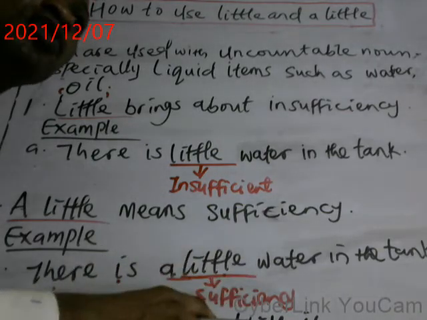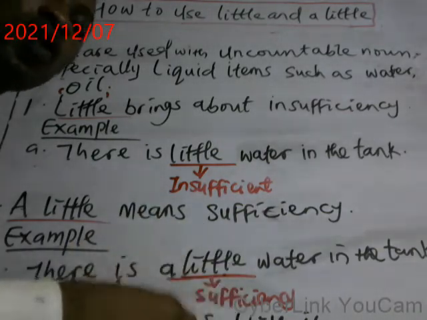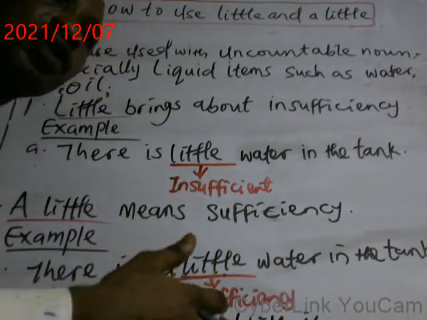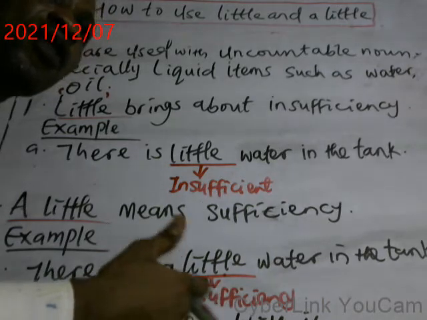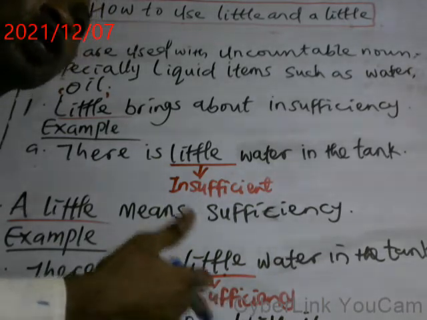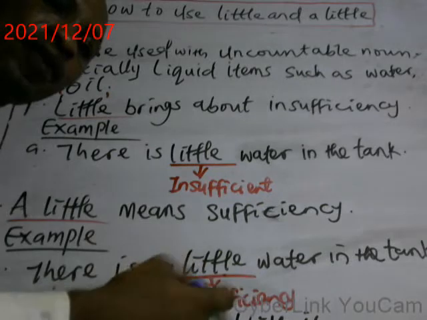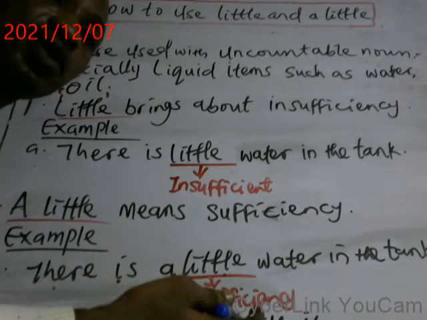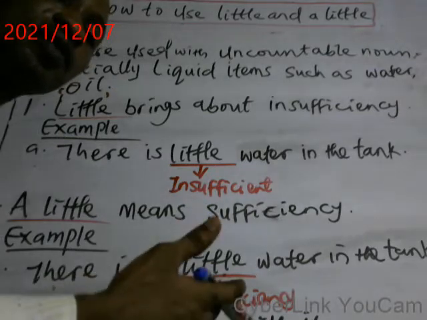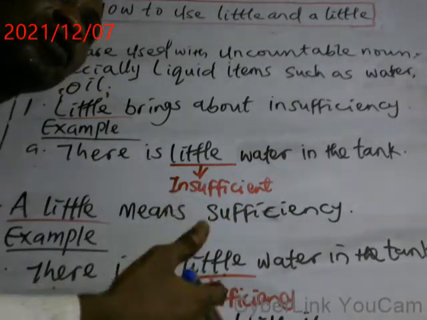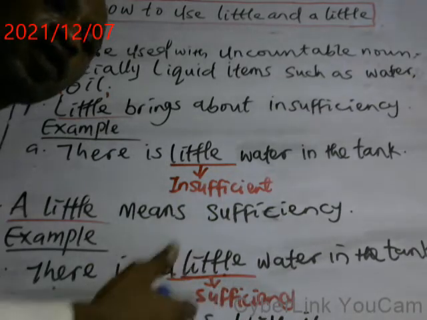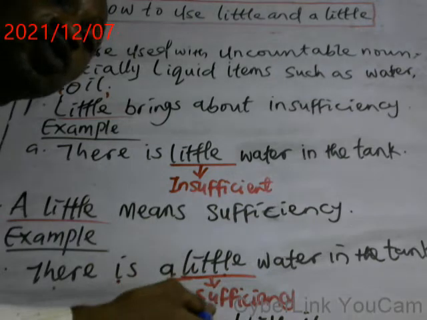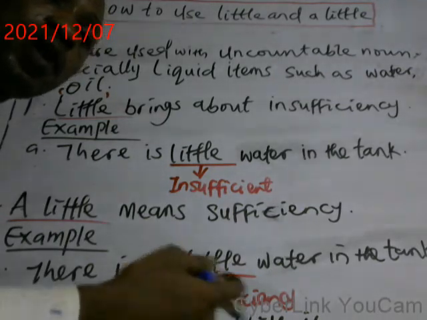So we can use little or a little for such items. And most of the time, items that fall under this category are in liquid form, like water, oil. We can also have sand. All these are items that we cannot quantify by numbering.